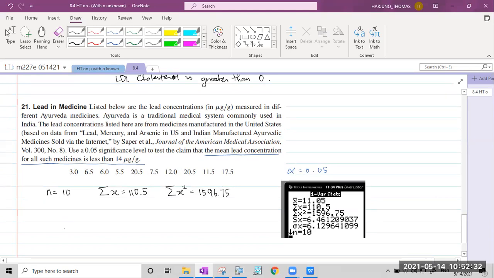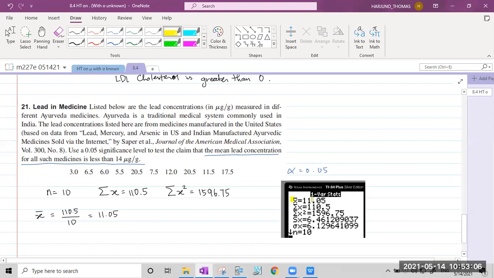Now from there, you compute the sample mean. According to our calculator, it should be 11.05. But if you need to show computation, that is the sum of the data divided by the sample size. Sometimes I say in my problem, if I give you raw data like that, just use your calculator feature to find the sample mean and sample standard deviation, then just quote that right away.